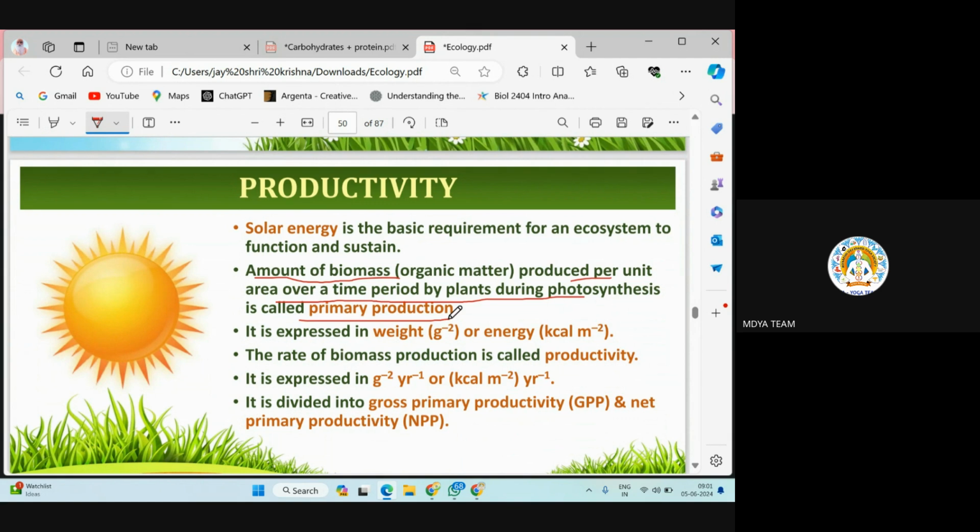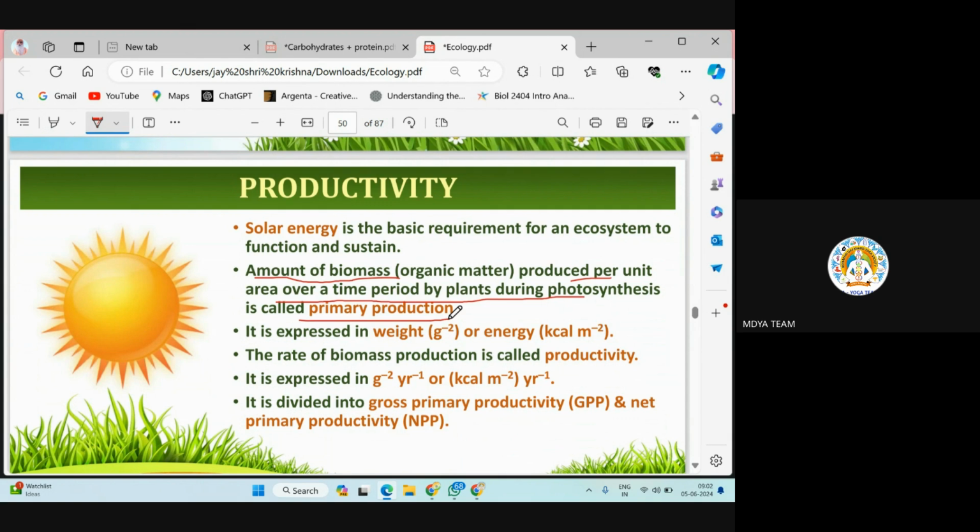So what is primary production? It is the amount of biomass produced with the help of sunlight. Biomass can be the fruits the plants produce or their own body, like leaves and stems, because they are trapping energy from sunlight. This is known as primary production.